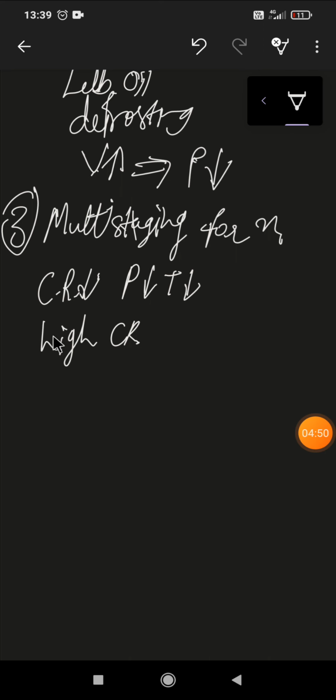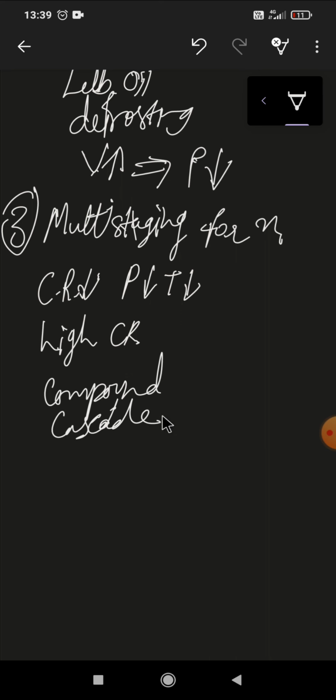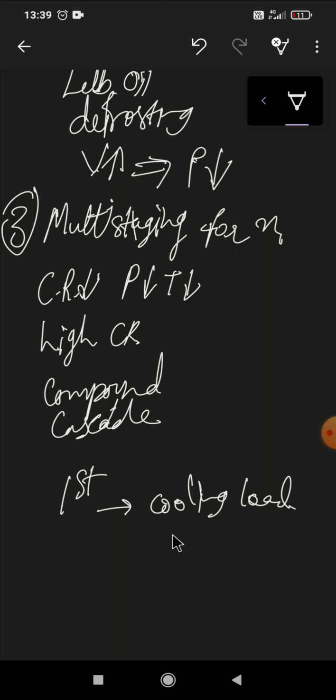Now, multi-staging is of two types, compound and cascade, and are applicable to all types of compressors. In multi-stage operation, the first stage compressor, sized to meet the cooling load, feeds into the suction of a second stage compressor after intercooling of the gas. Here intercooling is done.